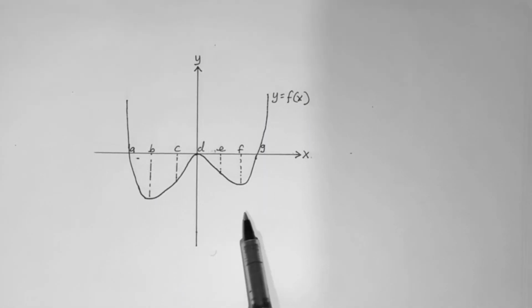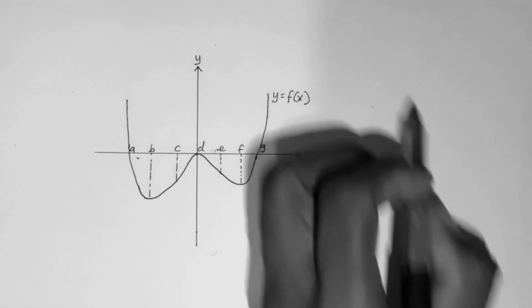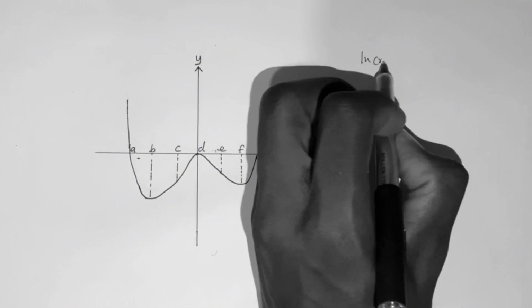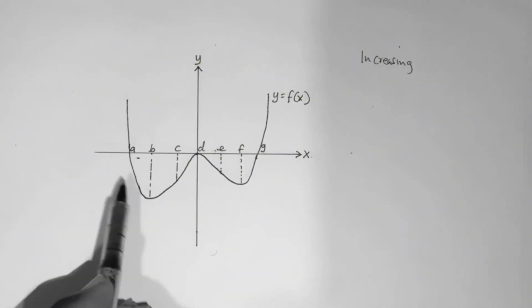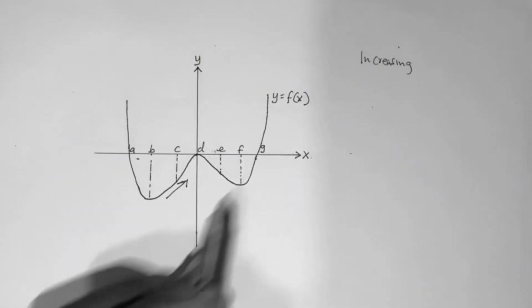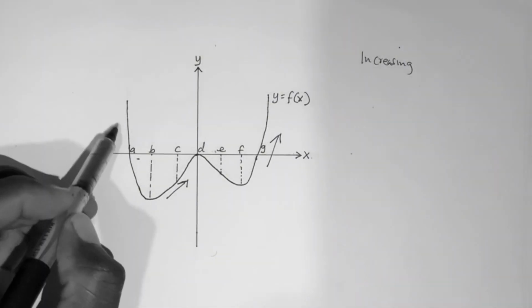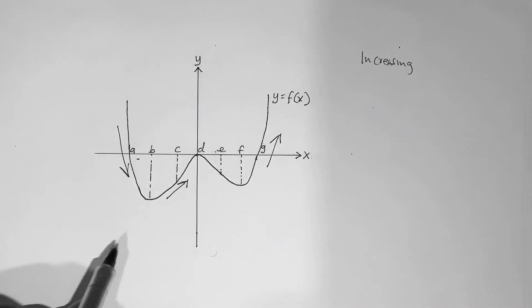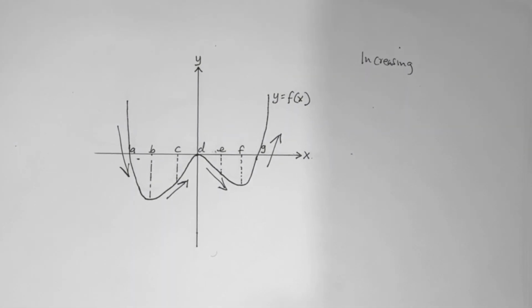So let's consider this function. Now, in what region is this function increasing? You see that in this region, the function is increasing, and it is also increasing in this region. And in this interval, the function is decreasing, and it is also decreasing in this interval.